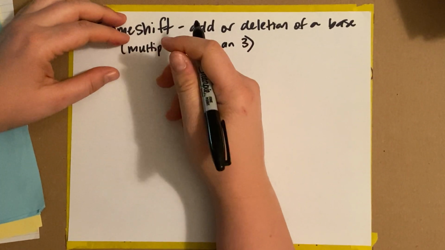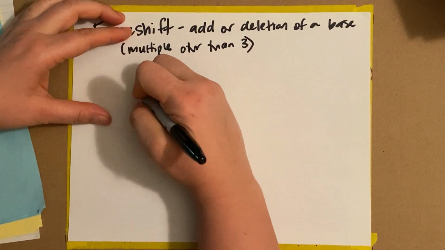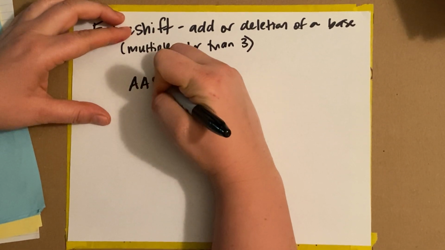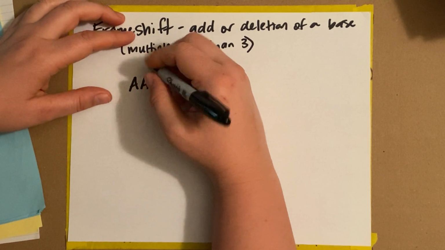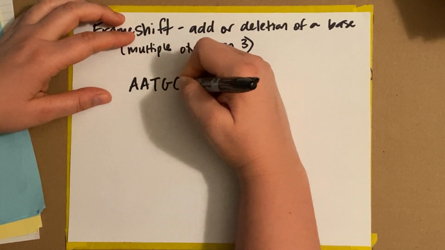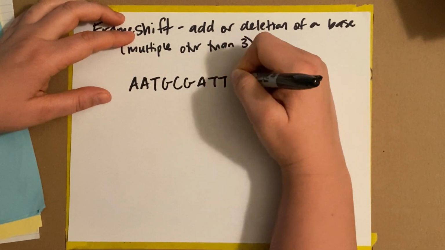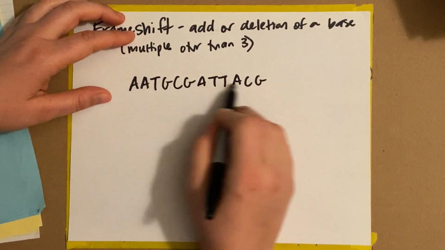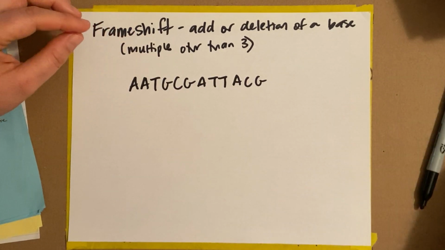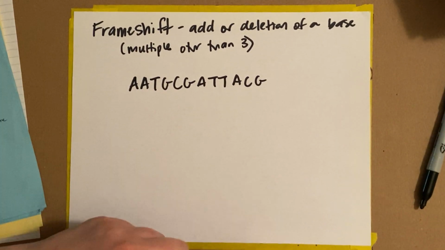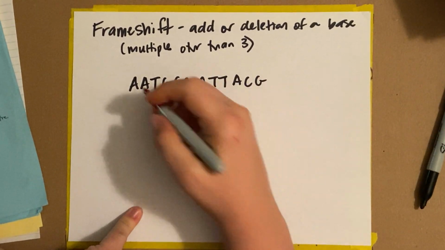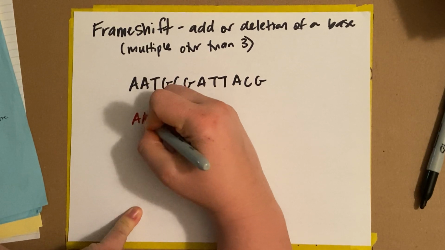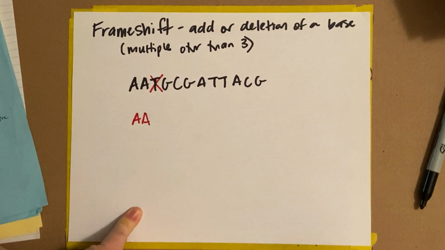Okay, so let's just say that we have a normal sequence. I think I'm just going to go straight to RNA. Or no, I'll do DNA. Okay, so let's just say that when we go through replication, there's an error that happens, and this base gets removed for some reason.